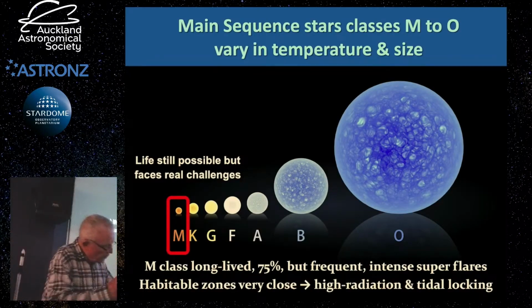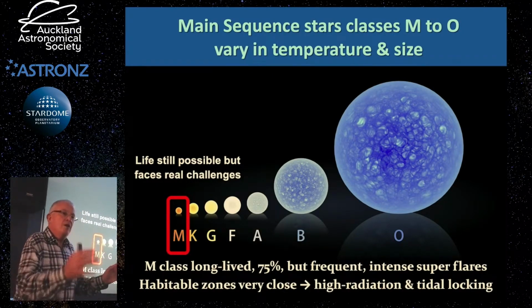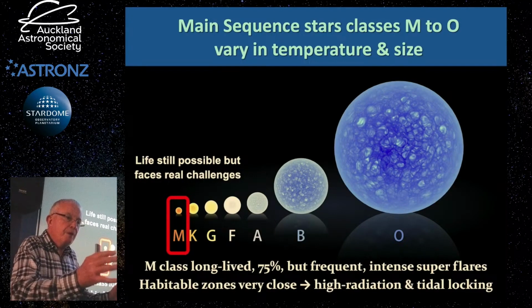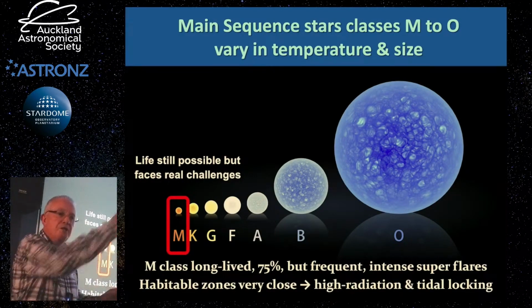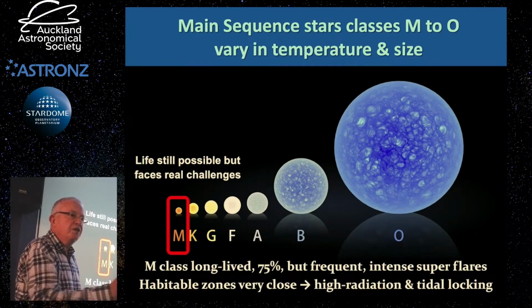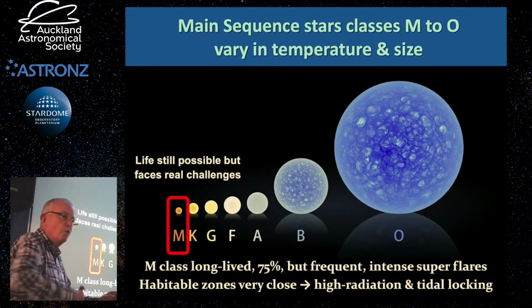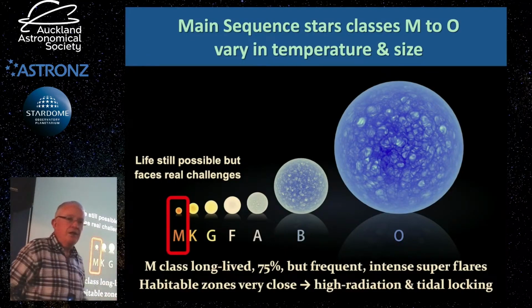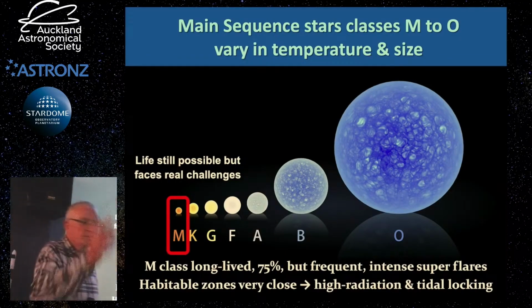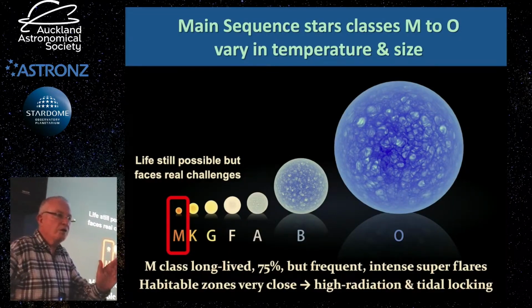If you get two bodies close to one another, particularly a smaller one to a bigger one, they both eventually get tidally locked, and we see it with our moon. The rate of rotation of that object comes into synchrony with exactly the rate at which it orbits the larger object. Our moon rotates roughly every 28 odd days, and it takes that long to go around us. So the same side always faces us.